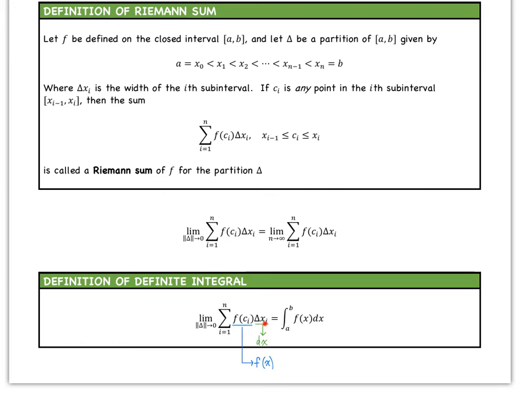And this delta x, we can consider that dx, which is the base of our rectangle. So this is going to equal the integral from a to b, that's the interval in which we are, of f of x dx. So we can see that those are the same. So that's the limit notation.